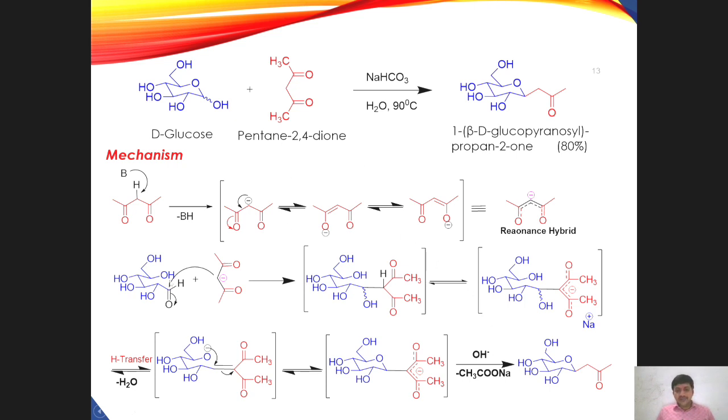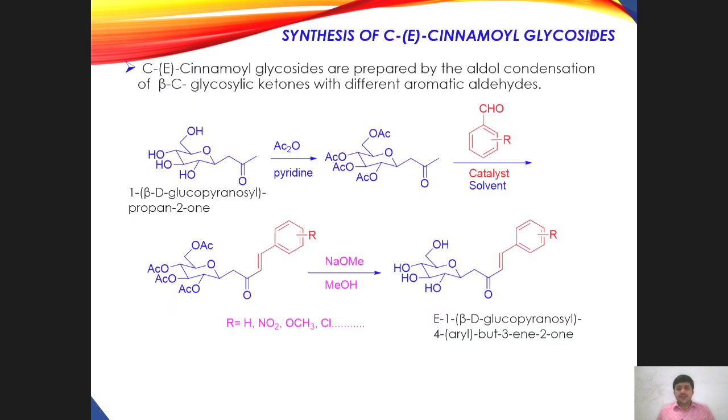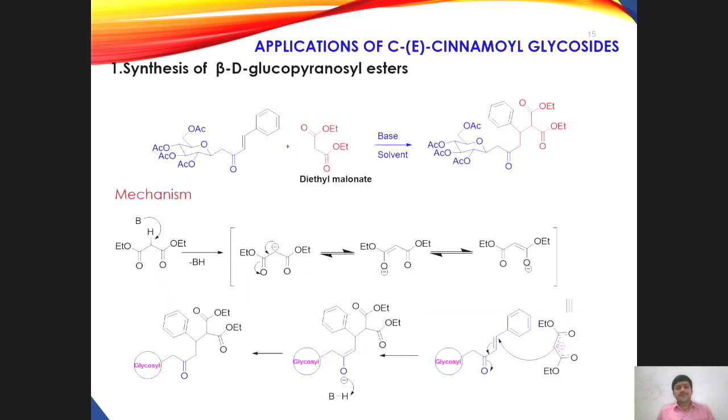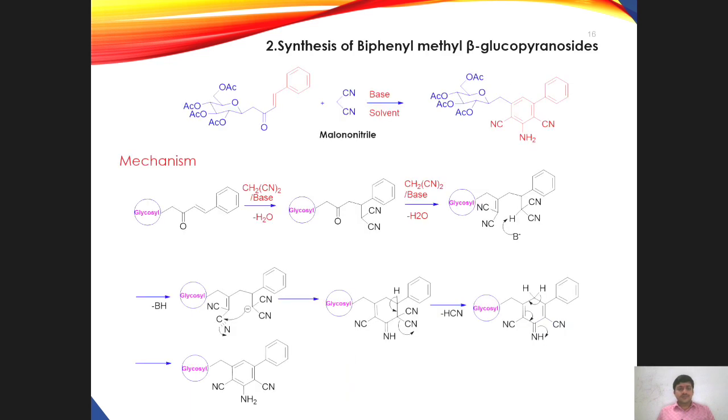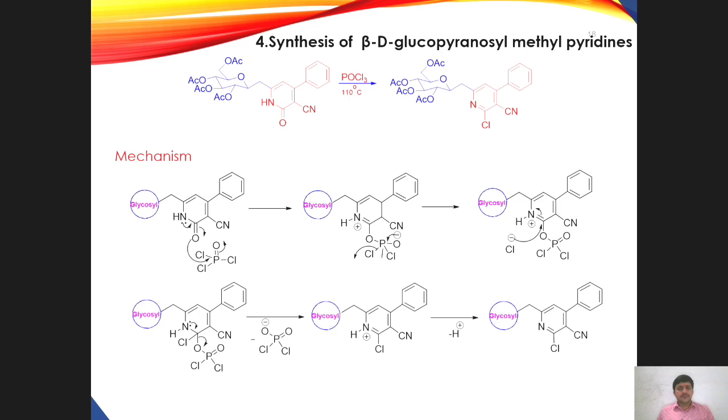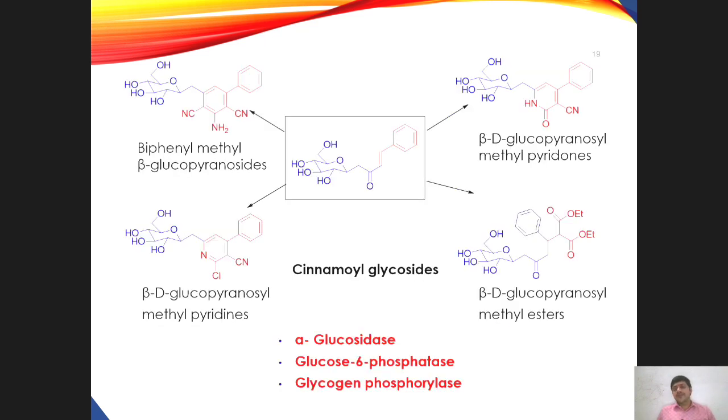See this mechanism. Here we are observing all kinds of arrows along with the resonance. How beautifully it was drawn. These are all some more examples. This is the summary.